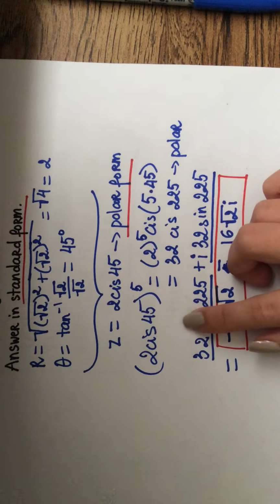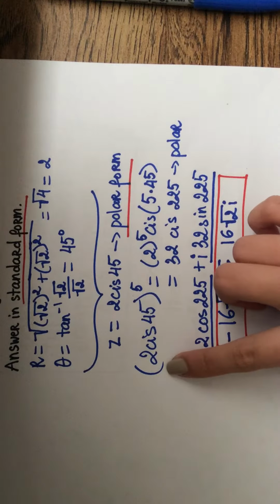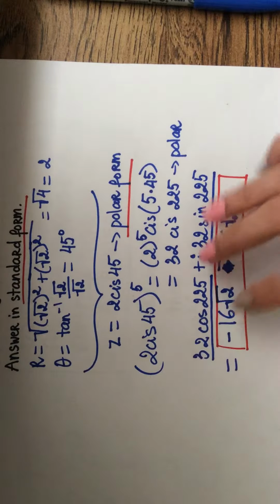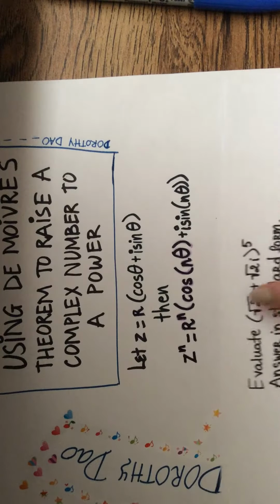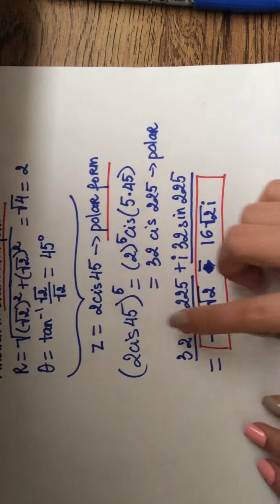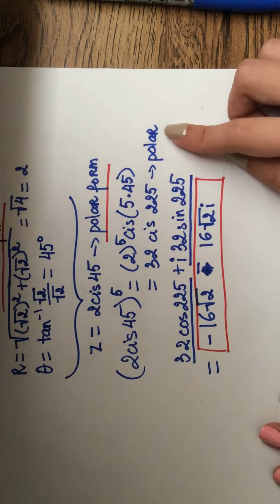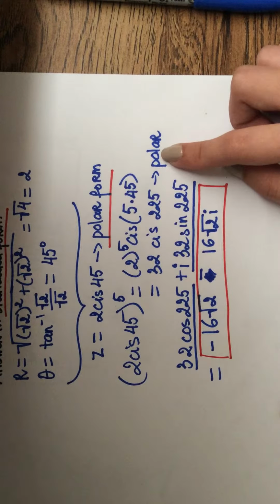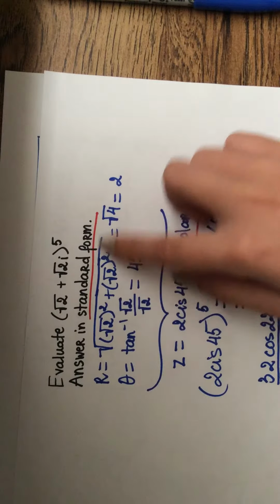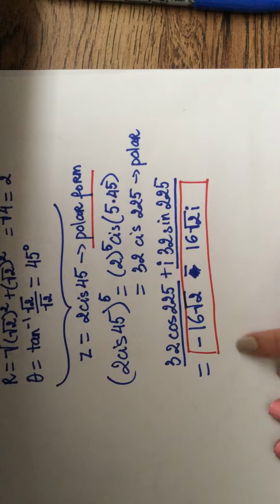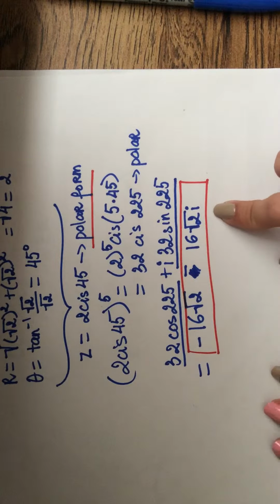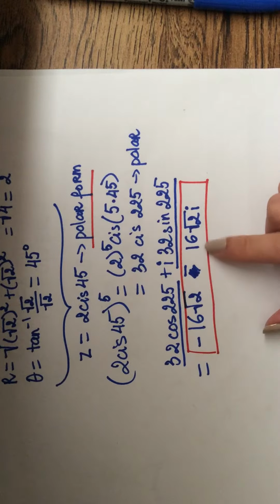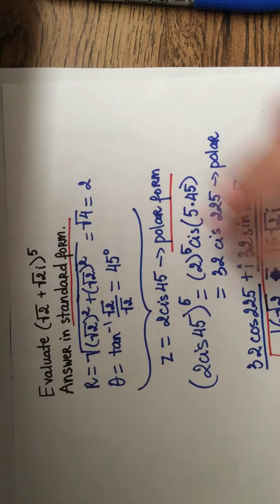Then you plug it into the original formula and calculate it out, and it's going to be in polar form. But if your answer needs to be in standard form, then you just translate it by plugging it into your calculator. Okay, so that's your first one. Let's start with the second one.